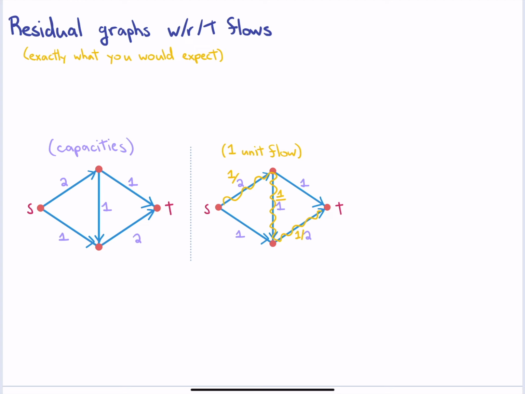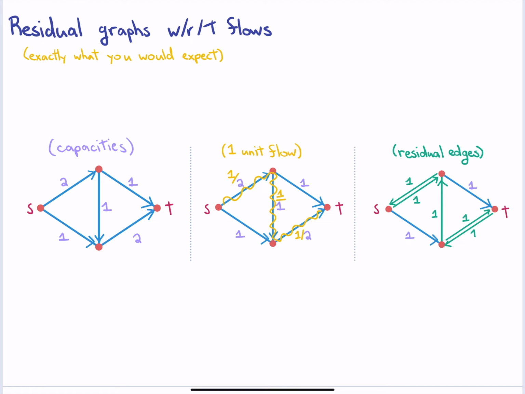So I can imagine, once I'm routing 1 unit of flow this way, adding a pipe of capacity 1 in the opposite direction, knowing that running 1 unit of flow that way is really just canceling this one out. So our residual edges are going to look more like this after routing 1 unit of flow, where I've added back 1 unit in the opposite direction. If I use it in the future, that's really more like undoing flow than anything else.